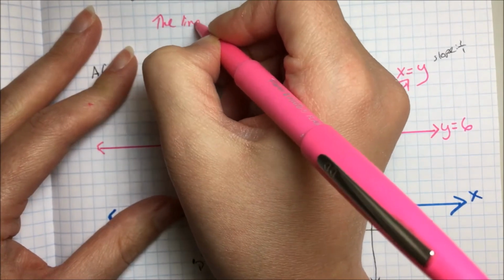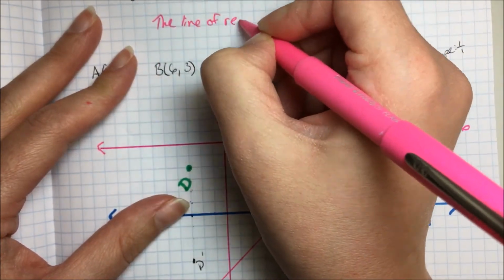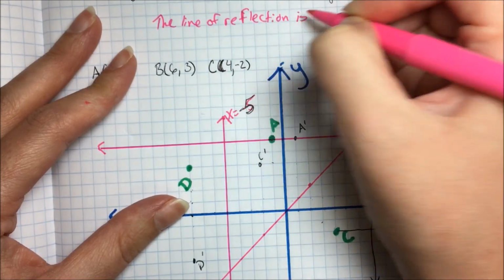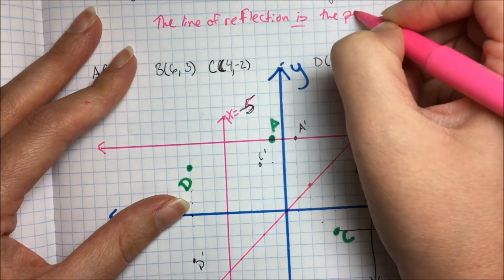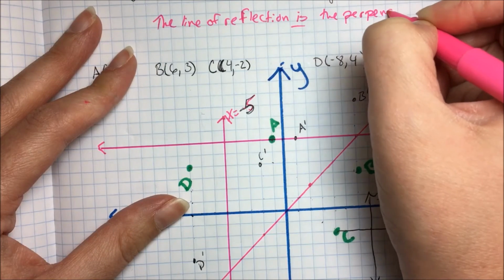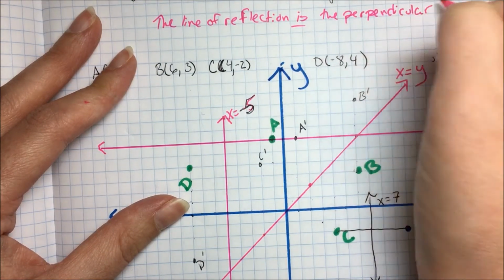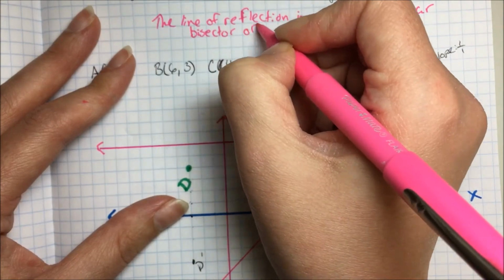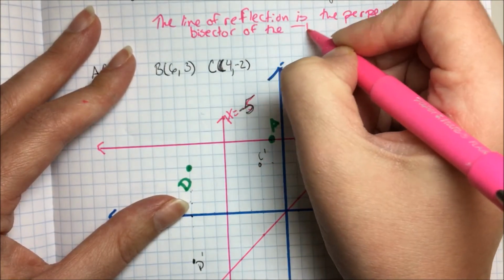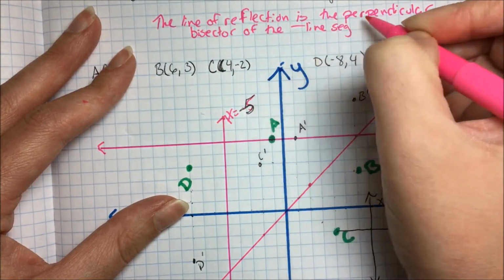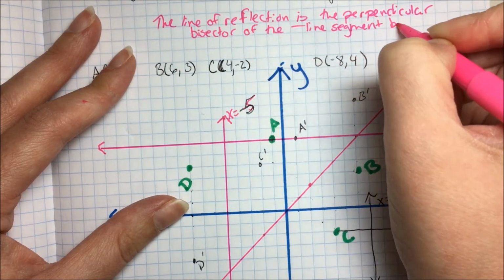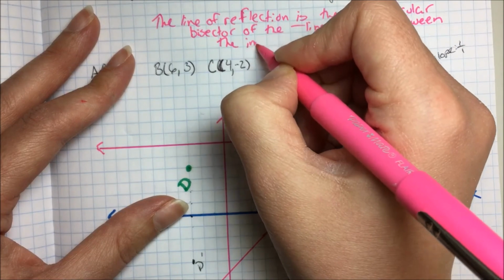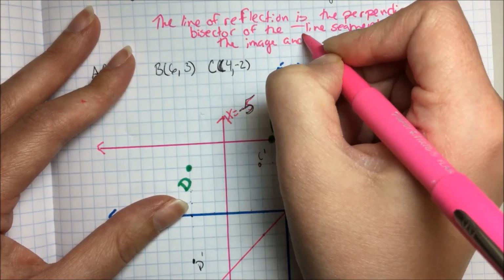The line of reflection is the perpendicular bisector of the line segment between the image and the pre-image.